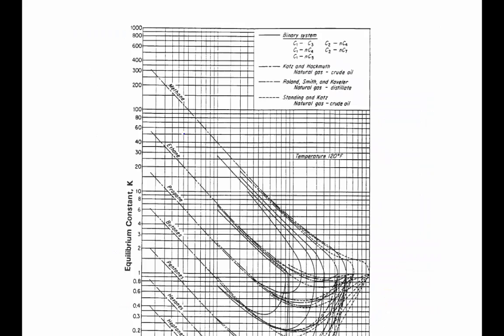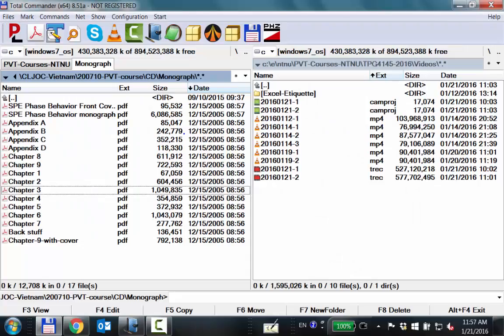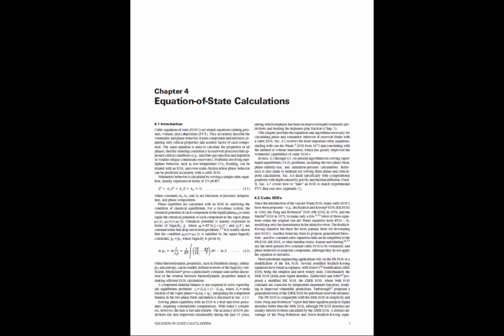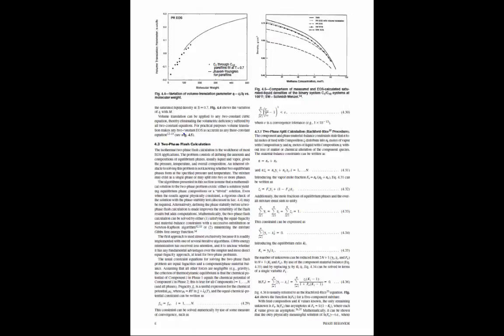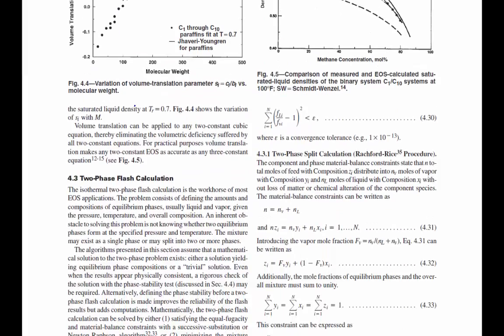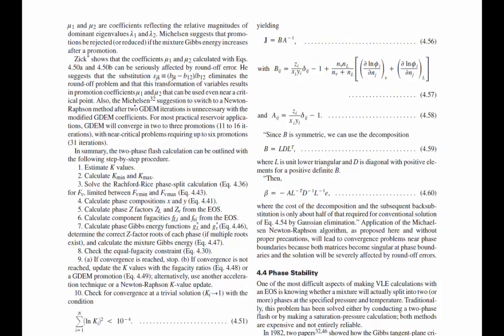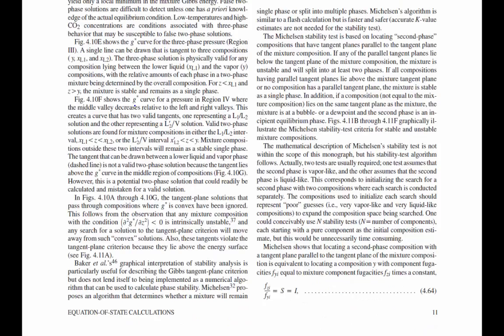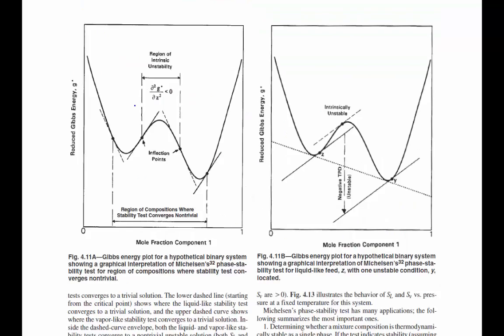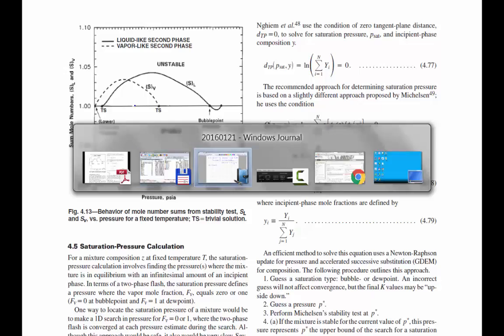And then chapter 4, in section 4.3, the two-phase flash calculation. And then probably 4.3 and 4.5.